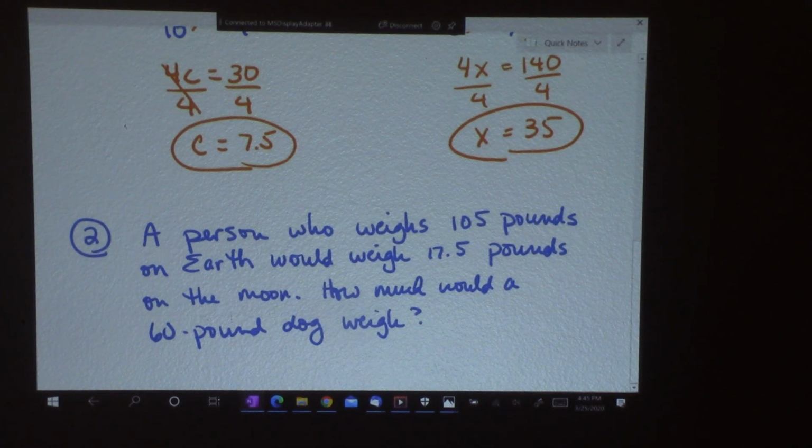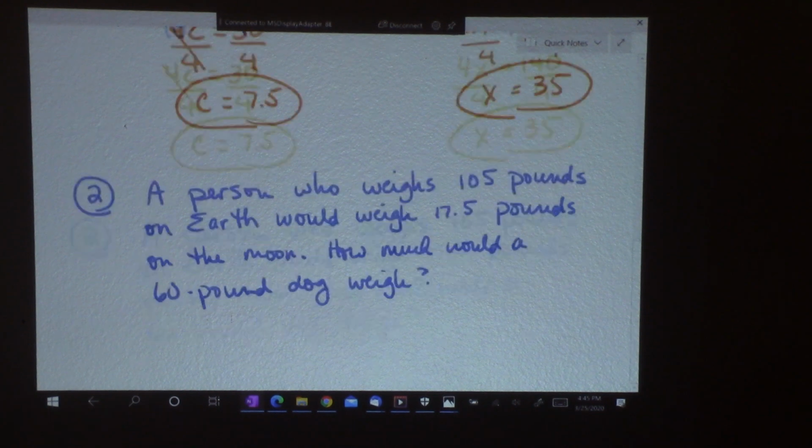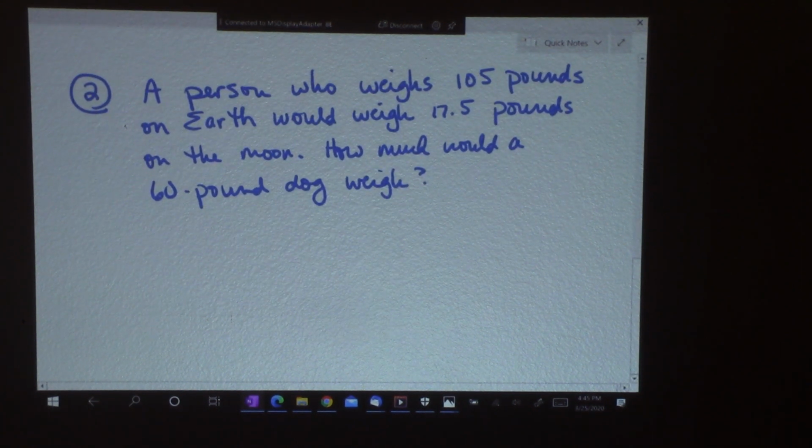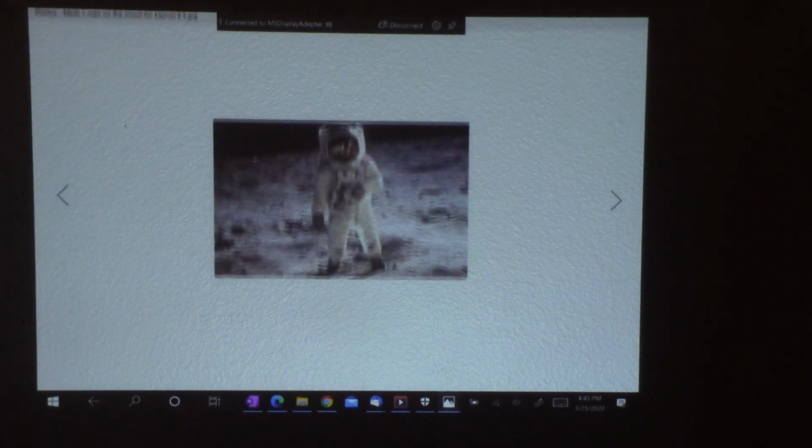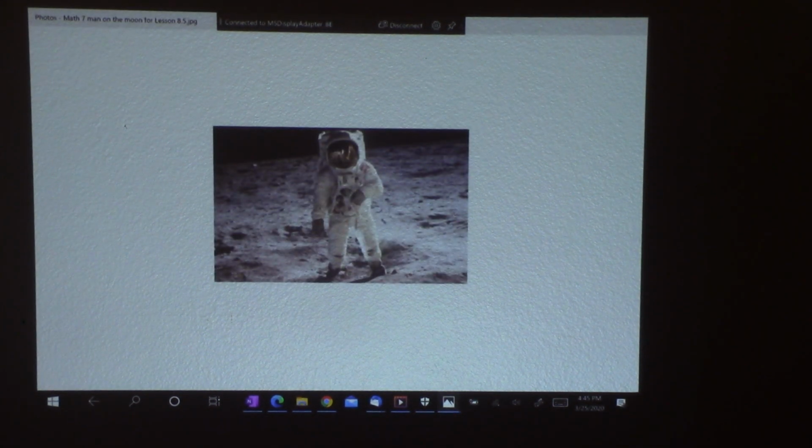All right, well, that's kind of an amazing thing, walking on the moon. Have you copied that down now? I have some fun pictures to help us think about this. I'm sure you've seen something like this before, the man walking on the moon.